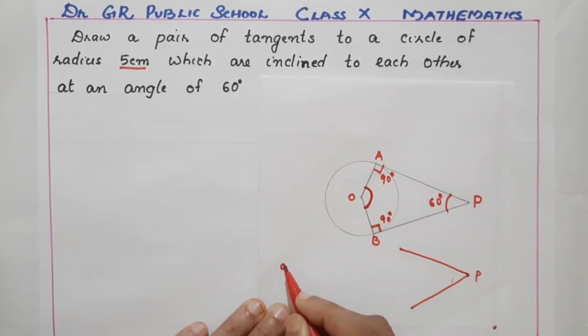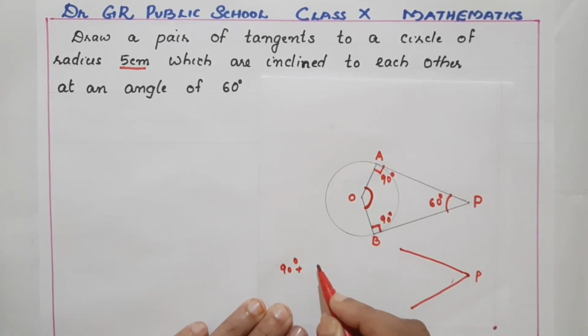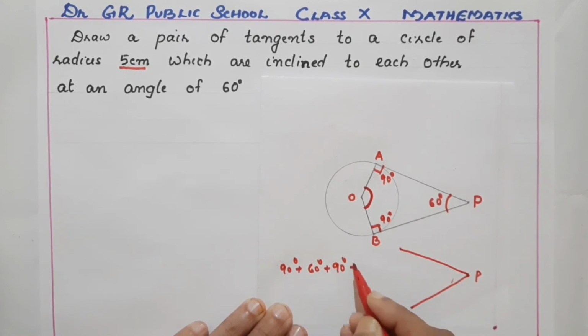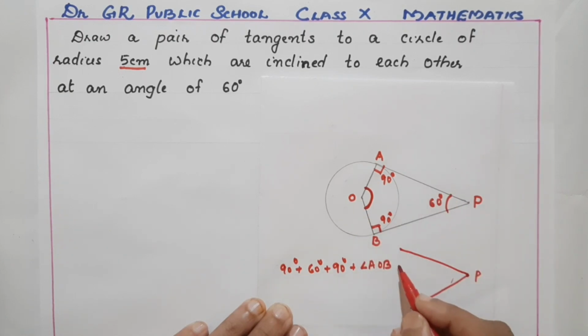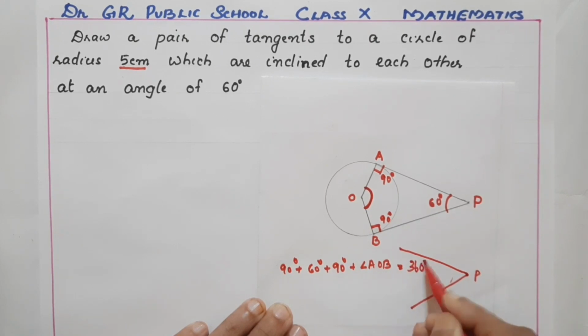Okay, 90 degree plus 60 degree plus 90 degree plus angle AOB. These are the four angles in this quadrilateral OAPB equal to, what is the sum of the angles in a quadrilateral? 360 degree.